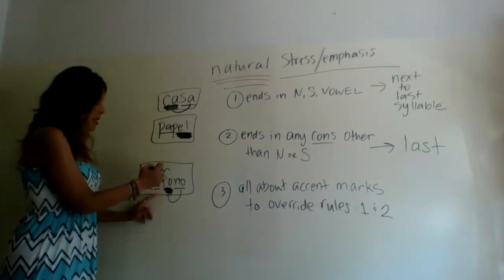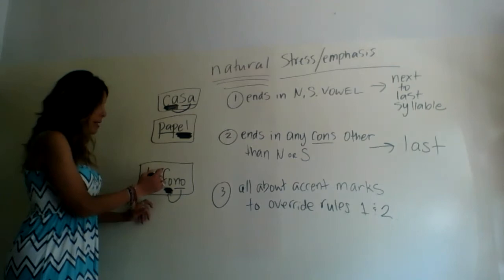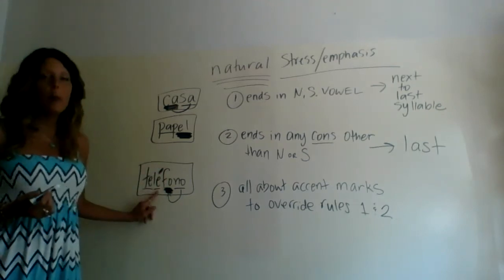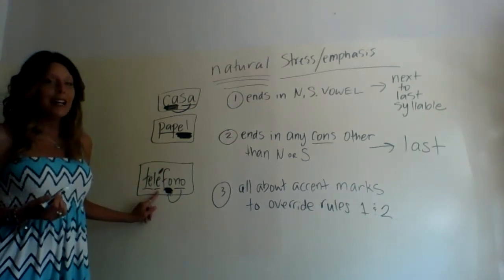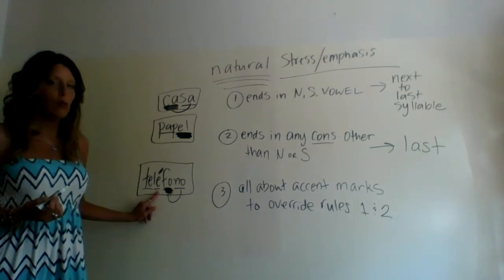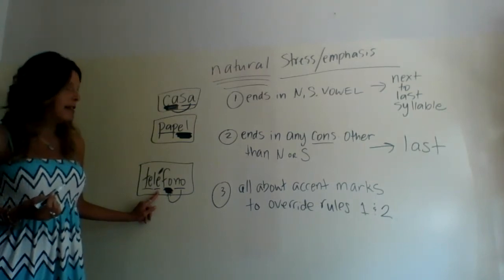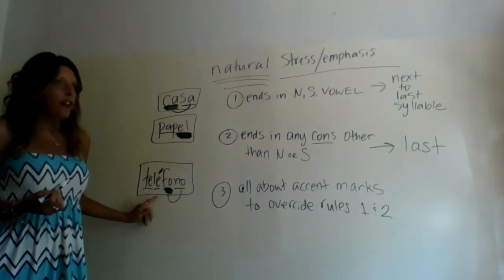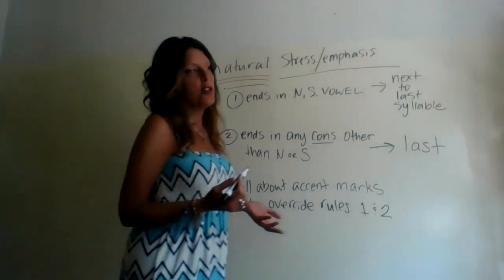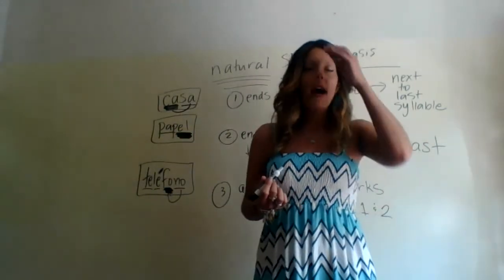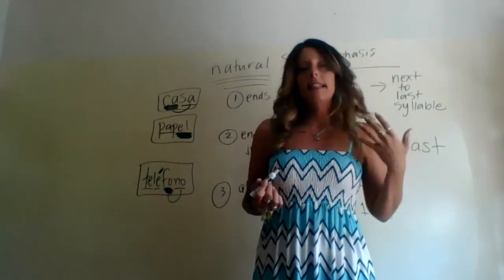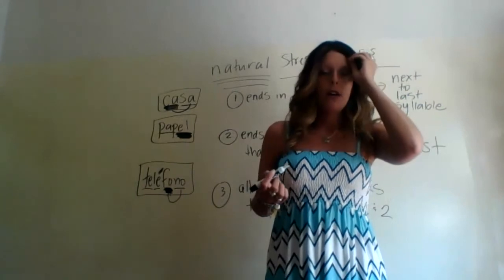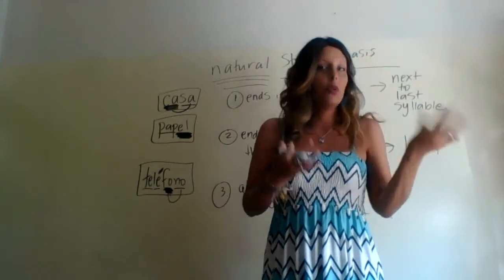They wanted us to spell it with an accent mark right here, and so the proper pronunciation, with that accent mark overriding rule number 1, is teléfono. That is just one quick example of how accent marks override the natural stress of rule number 1, rule number 2, whatever.